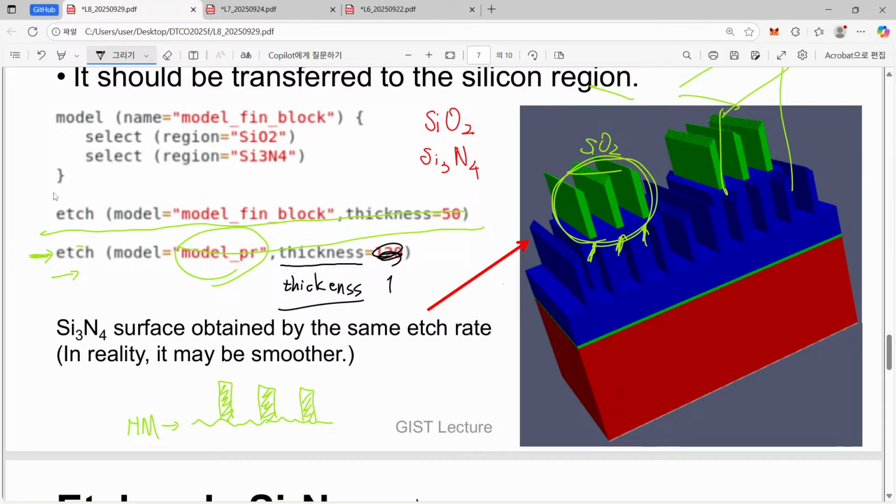Then maybe you feel that, oh, I gave the correct statement, but why does it behave strangely? That is the reason. This code is quite weak against typos, so please do not make any typo.